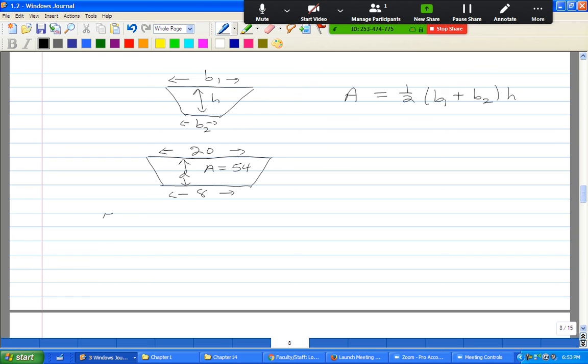And so the area is 1/2 the sum of the bases times the height.